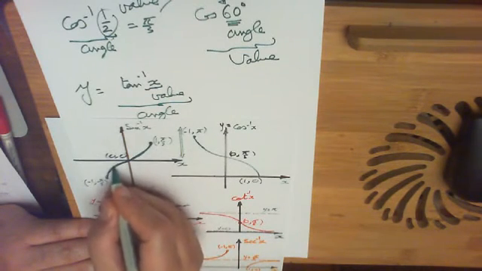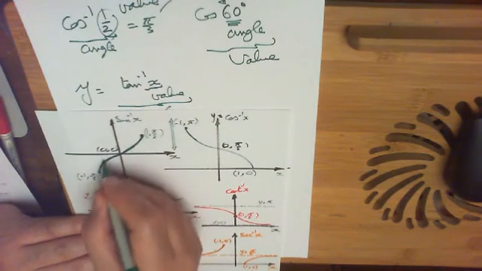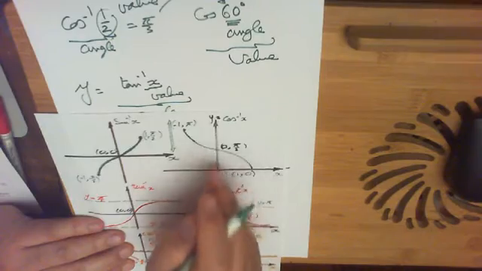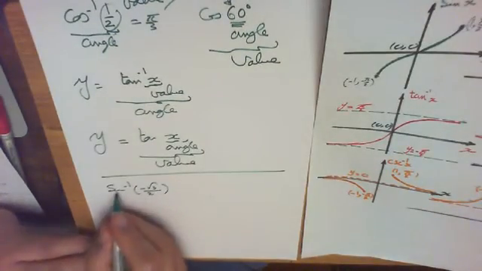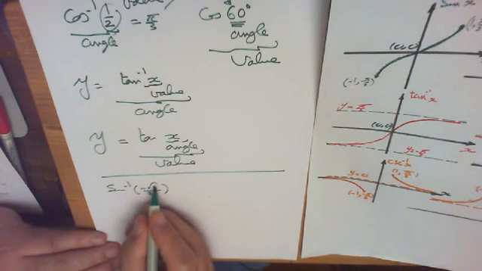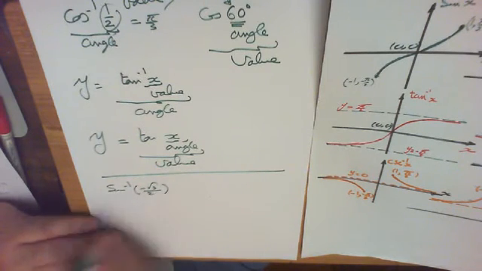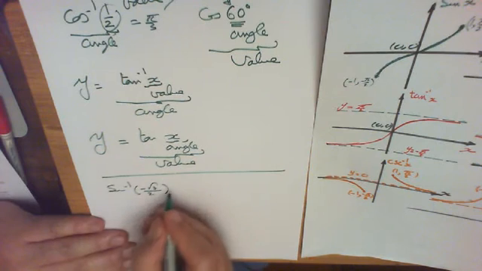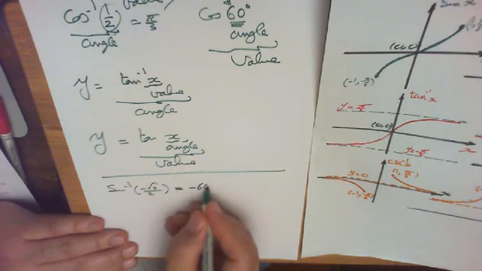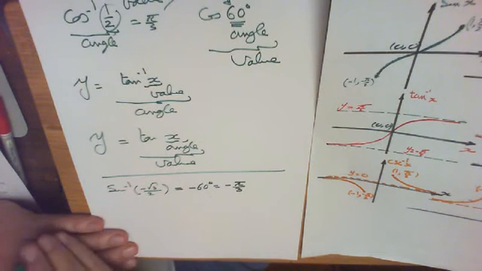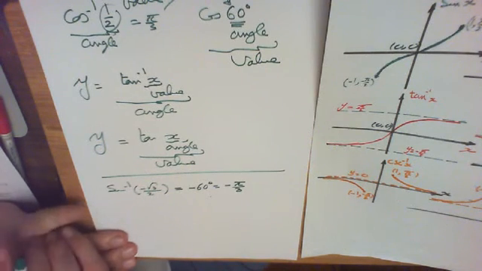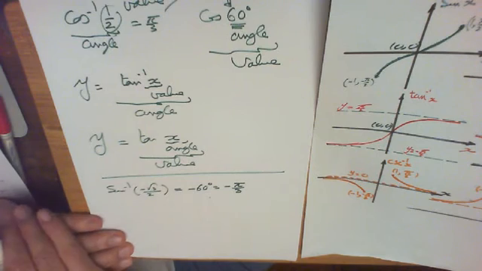There is nothing to refuse negative angles, here we accept negative angles. What is the angle whose sine is minus root 3 divided by 2? This angle is minus 60 or minus pi by 3. You can check, without using a calculator.